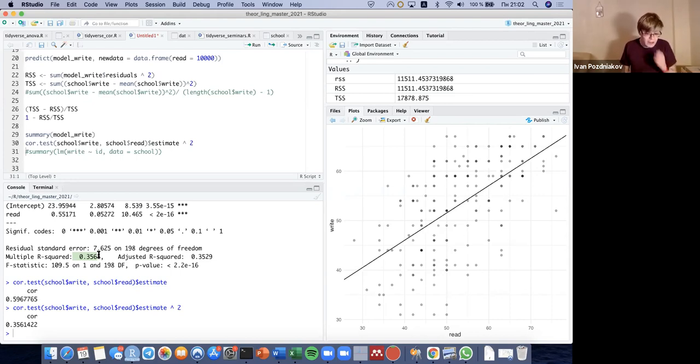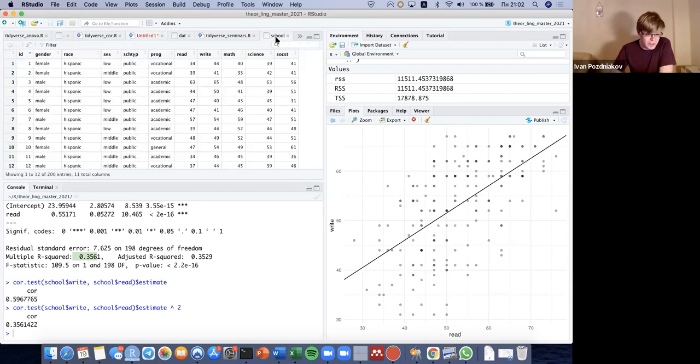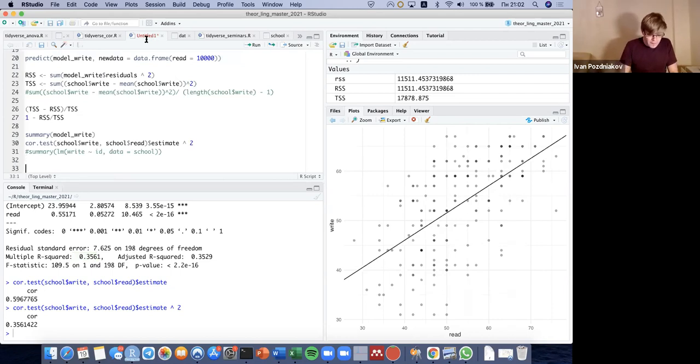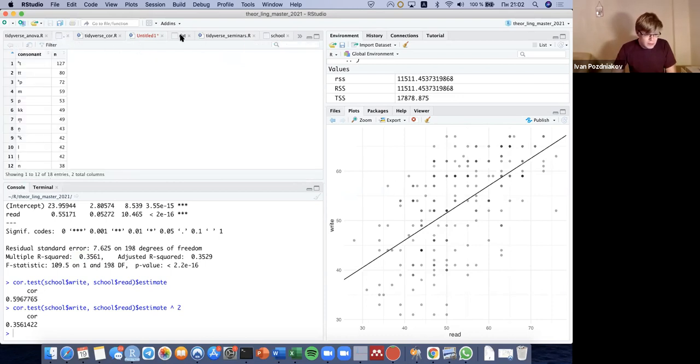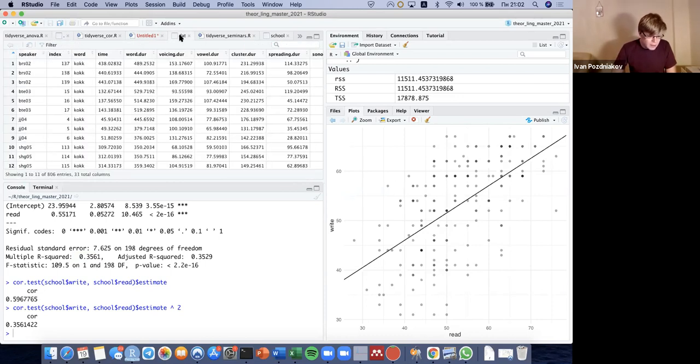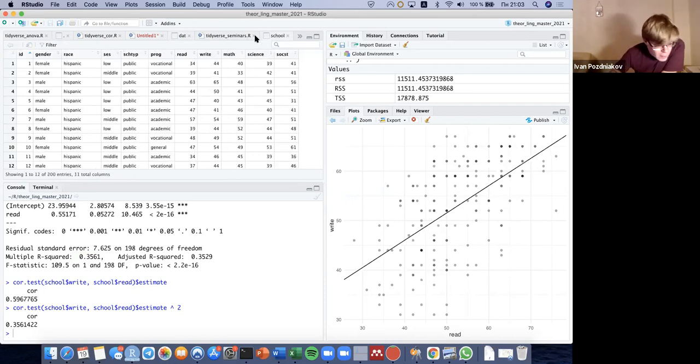Actually, we can even think about the t-test as a form of linear regression, for example. What we could do is compare, let's say, writing scores for males and females, right?